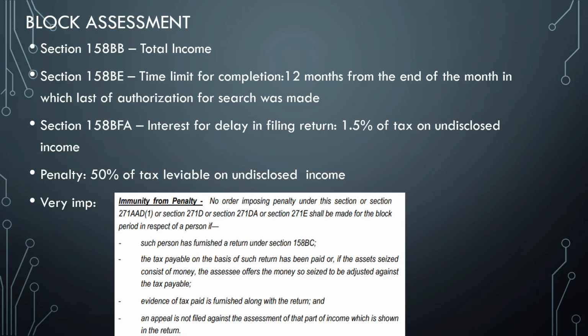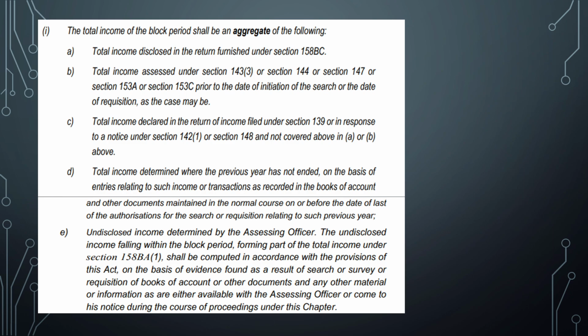Lastly, the tax payable on the basis has been paid; if the assets seized consist of money, the assessee will offer the money seized to be adjusted. If all these four conditions are satisfied, then immunity from penalty will be granted. There are 4 points, so for 4 marks, a lot of chances.